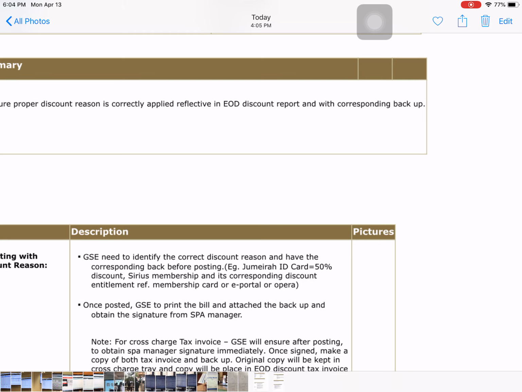Same with Serious membership. For external guests, if there are gold members, they should have their card, and we will make a copy. Let's try to practice asking guests for their membership cards, such as for the list witness, or for any guests who should present their card before having the benefits of their discounts.